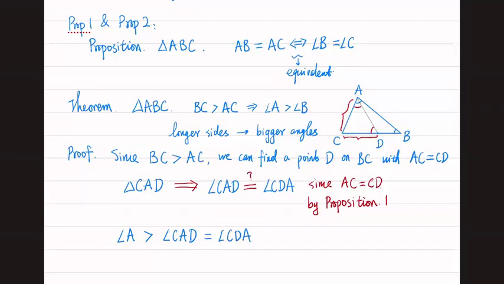And now I claim this is bigger than angle B. This one is bigger than this one. See why? Amy, what do you think? Why is angle CDA bigger than angle B?